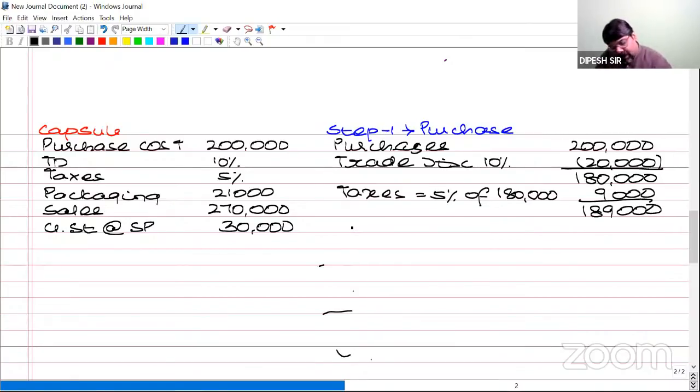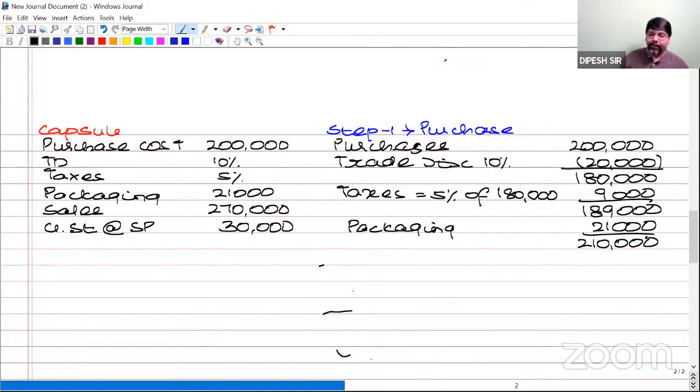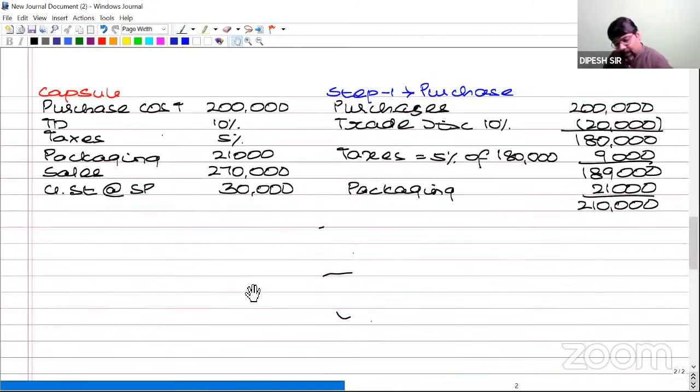Thereafter, packaging 21,000, that is 2,10,000. Fair enough? Now, so this is my purchases.